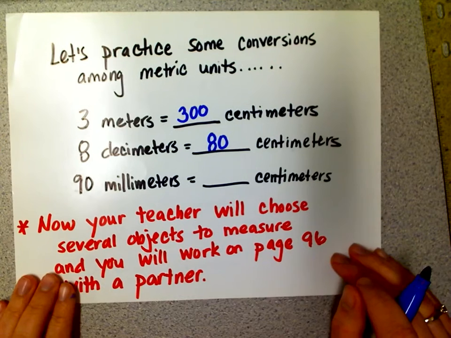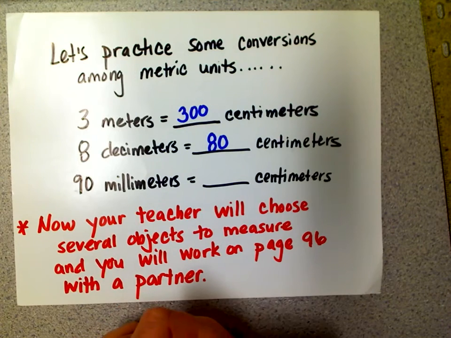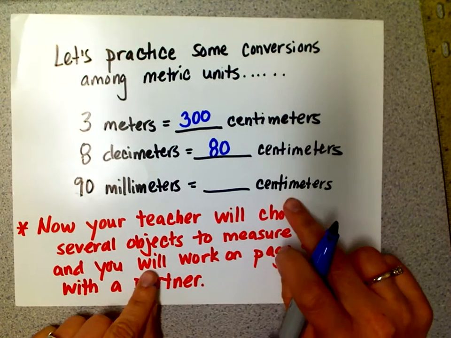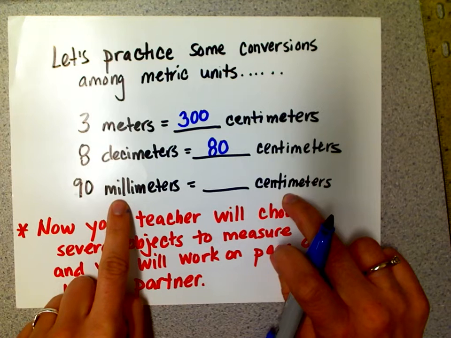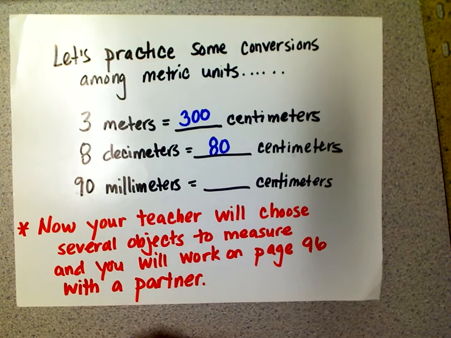Okay, last conversion we're going to try. 90 millimeters equals how many centimeters? Now think to ourselves, if each centimeter has 10 millimeters, then 90 millimeters equals how many centimeters? Turn and talk to your partner.